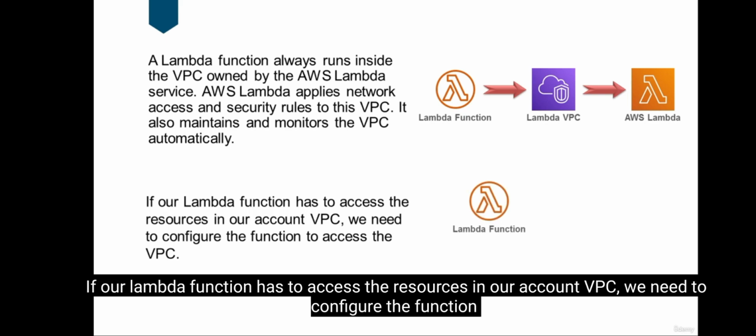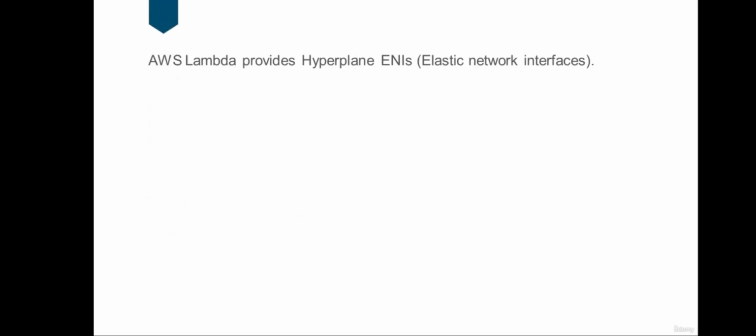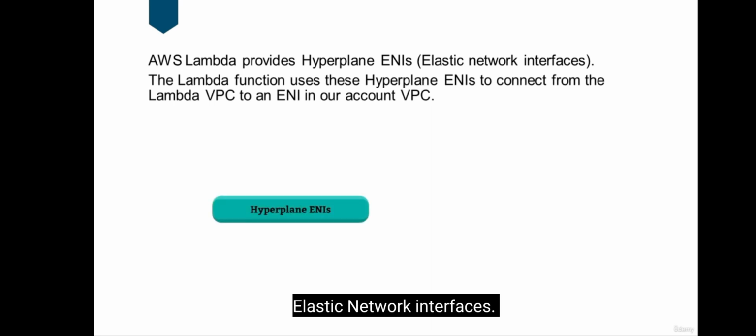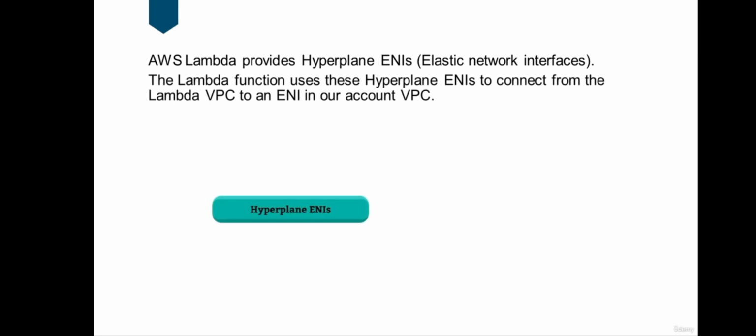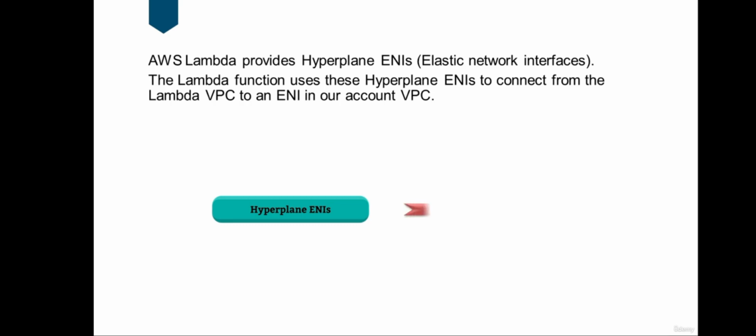If our Lambda function has to access the resources in our account VPC, we need to configure the function to access the VPC. AWS Lambda provides Hyperplane ENIs, elastic network interfaces. The Lambda function uses these Hyperplane ENIs to connect from the Lambda VPC to an ENI in our account VPC.